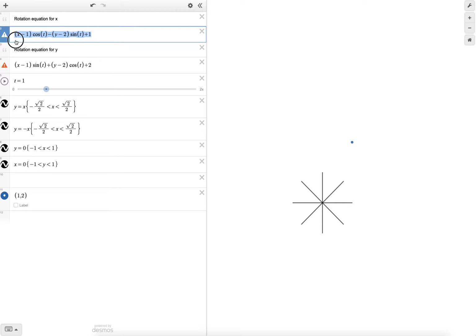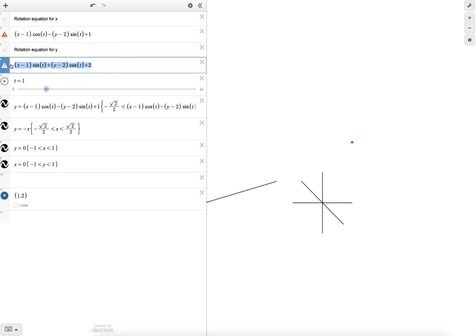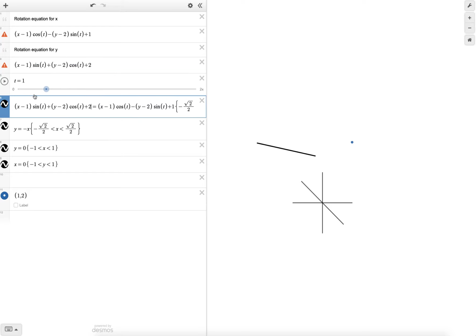So just like we did before, I'm going to go ahead and copy this equation for x. I'm going to replace all of my x's with this new equation, and I'm going to replace all of my y's with this new equation for y.